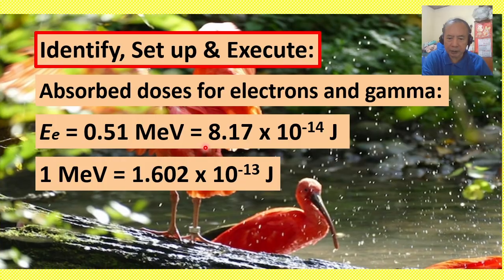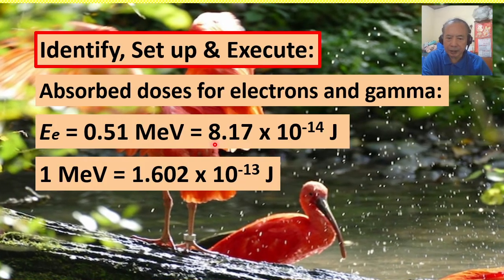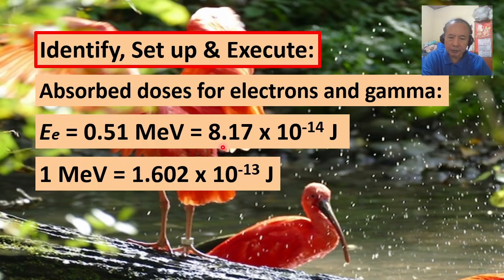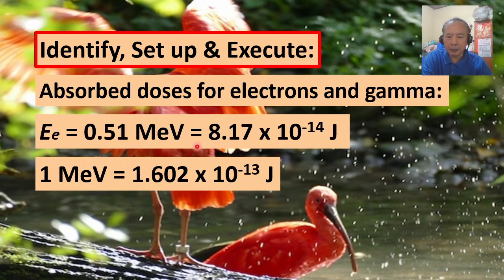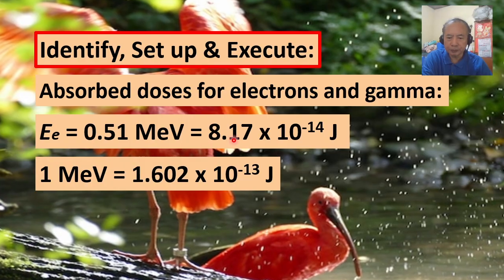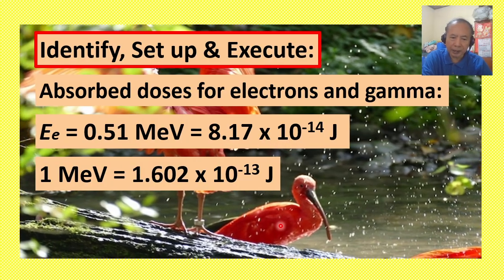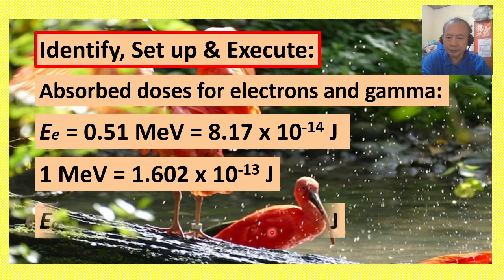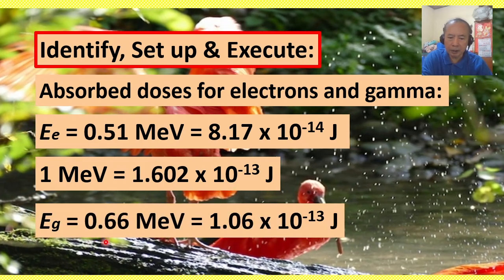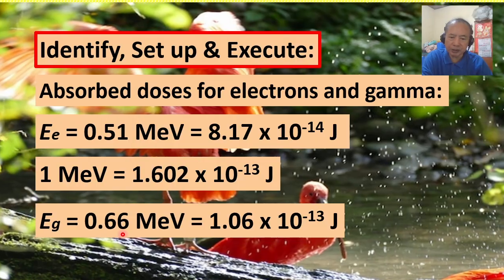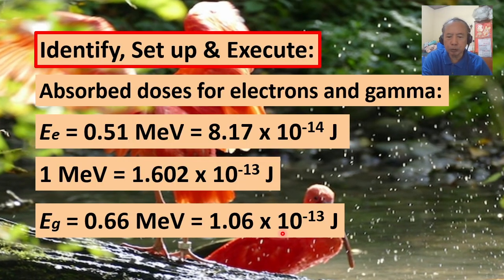So that's how we got the energy associated with the beta minus or electron, 8.17 times 10 raised to the negative 14 joules. And for the gamma rays, 0.66 million electron volts is also converted to joules.